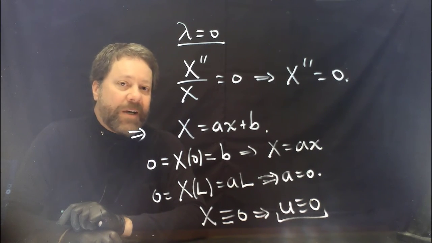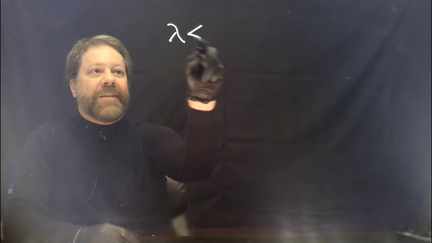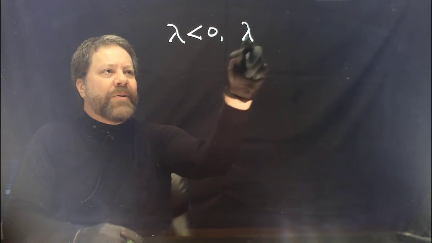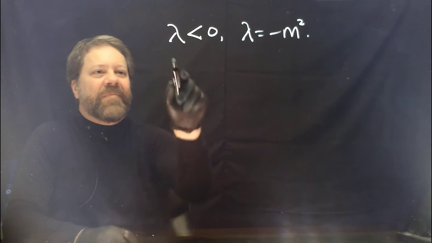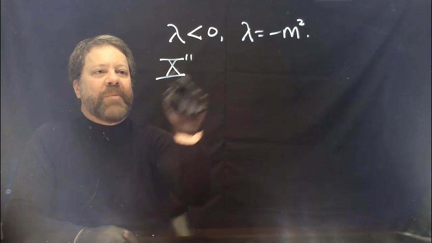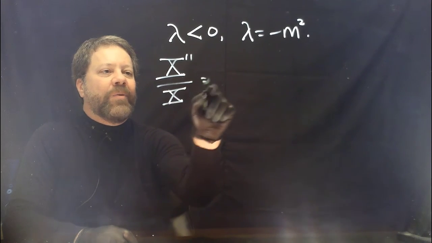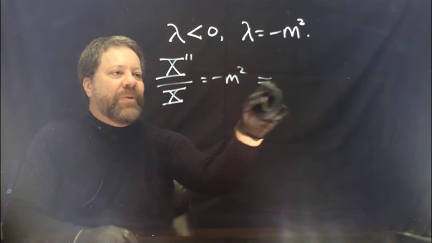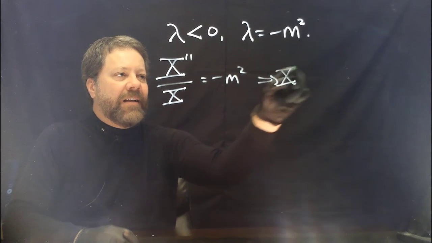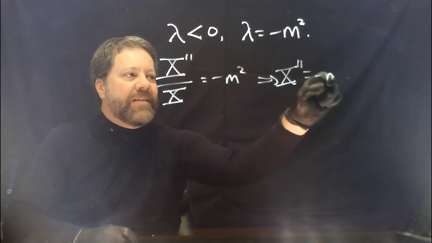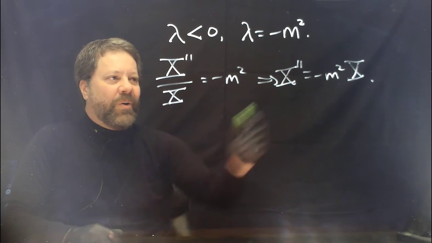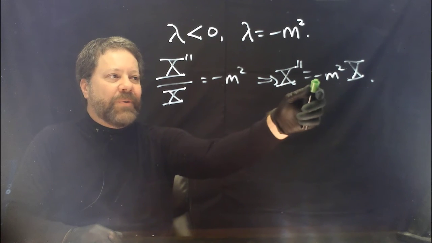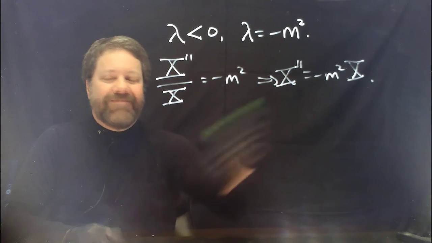That leaves only one possibility by trichotomy. We must in fact have lambda less than 0. So let's suppose lambda is minus m squared in this case. Here then X double prime over X will be minus m squared, which implies that X double prime is minus m squared times X. So what functions have second order derivatives equal to negative a constant squared times themselves?